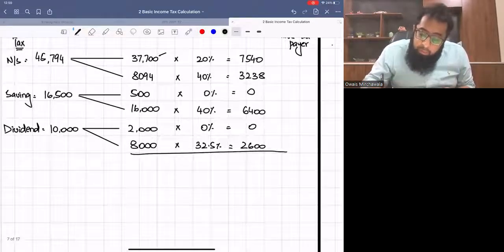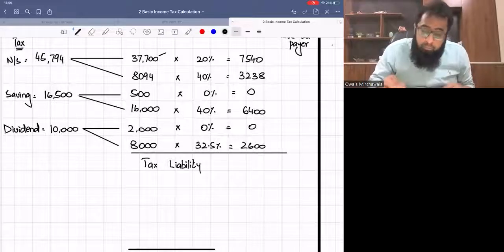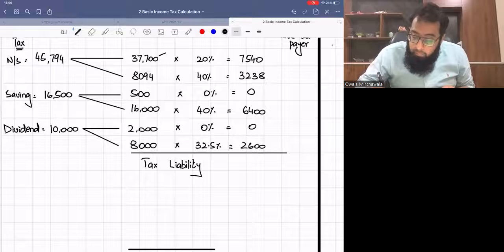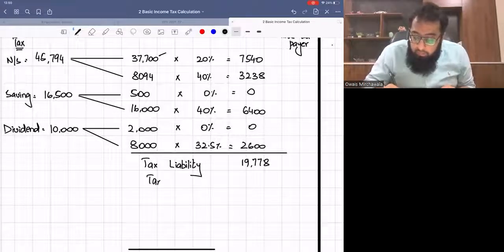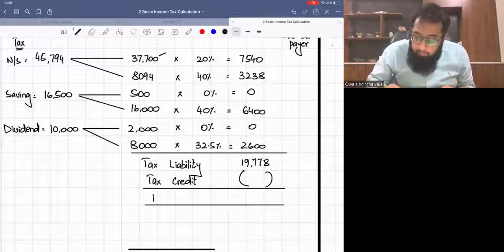Now our tax liability will be 7540, 3238, 6400, 2600, 19778. We will deduct tax credit to arrive at the value of tax payable.